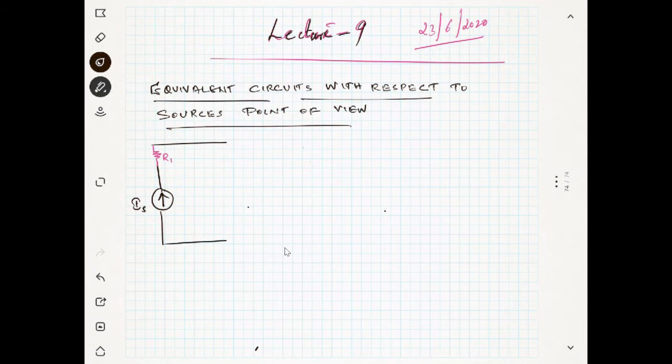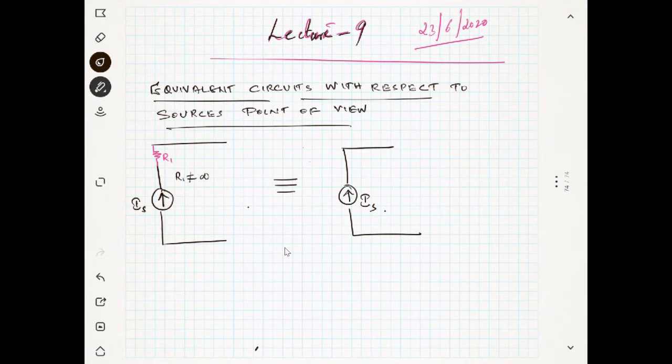However, this R1 is not equal to infinity. In this kind of case, this is equivalent, not equal. I am not saying it is equal, but it is equivalent to this, because your R1 is not equal to infinity.